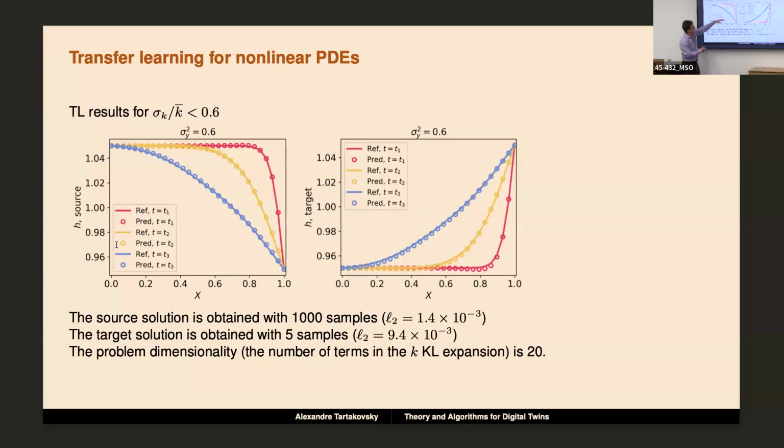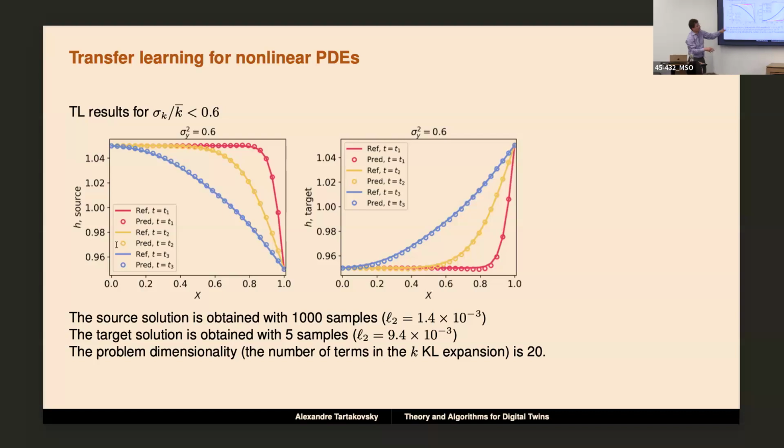We have good agreement. These are the boundary conditions. The initial condition was that head everywhere is equal to this value. And these are our target conditions. You can see that under target conditions, the boundary conditions are completely flipped.